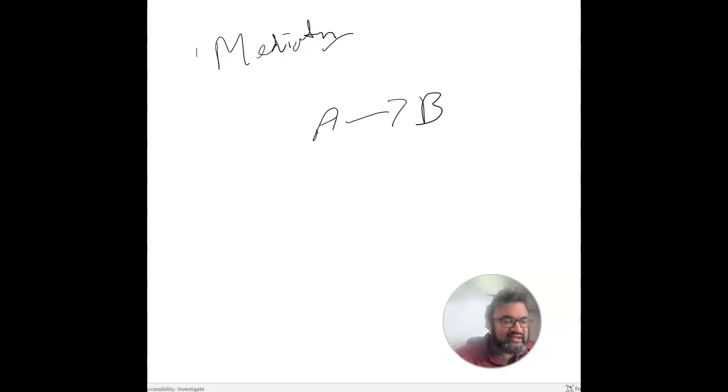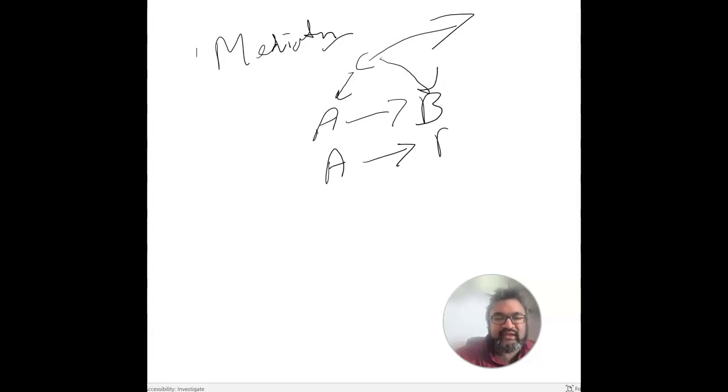A is related to B, and then C is related to A and B. The way you can demonstrate that is when you remove C out of the equation, then A and B are no longer statistically significant.